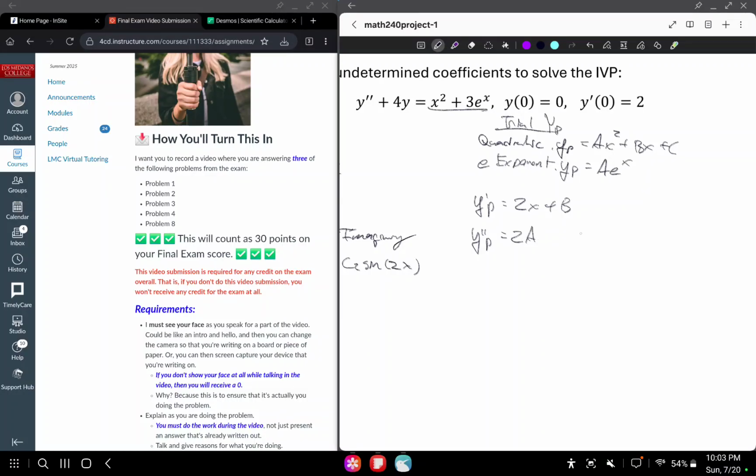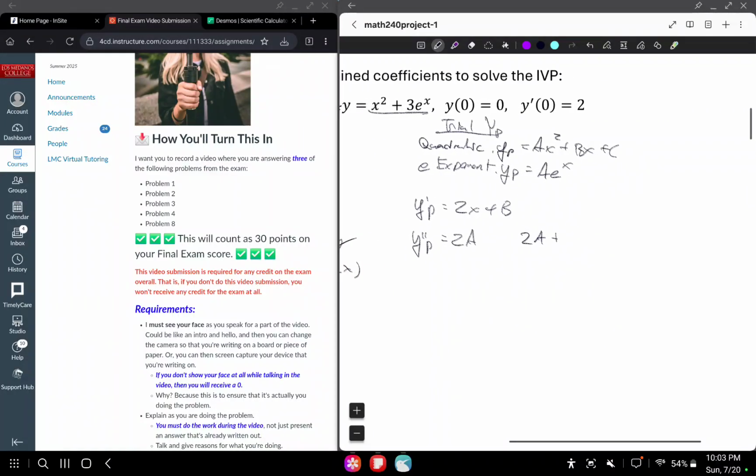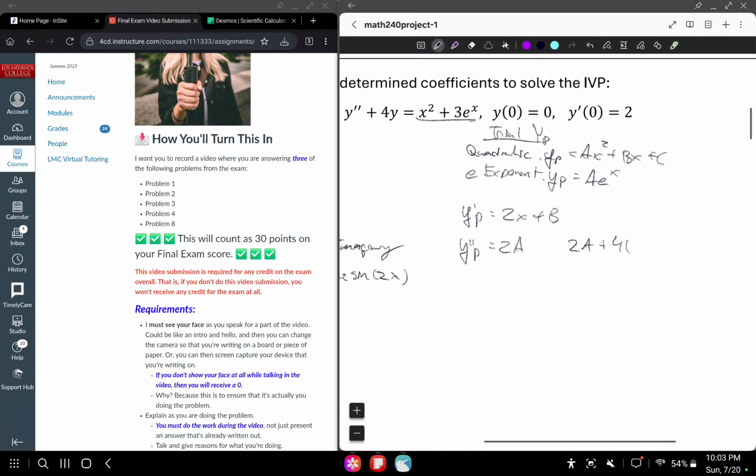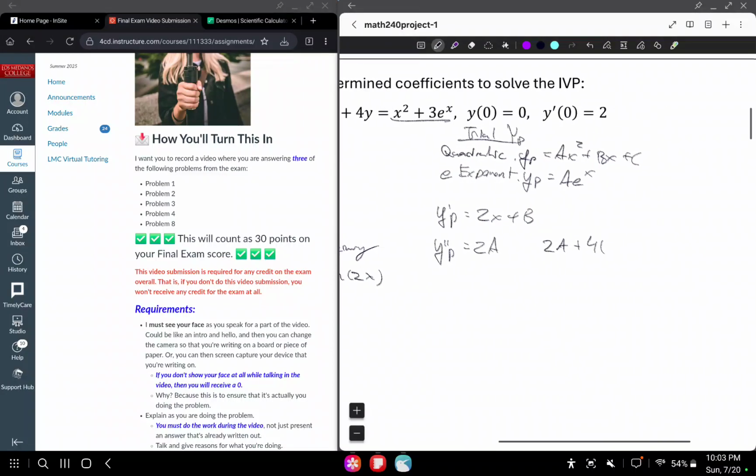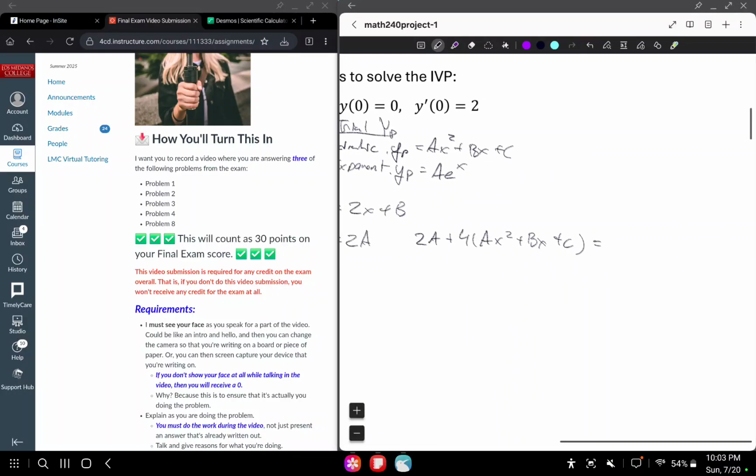So plug into the diff eq: 2a plus, we don't need the y, we don't need the first derivative, 4 times ax squared plus bx plus c equals x squared.